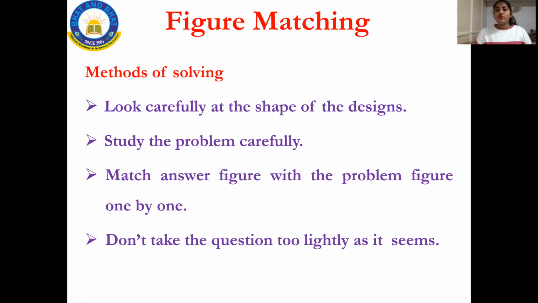You have to look carefully whether it is increasing, decreasing, or rotating clockwise, how many lines are there, and what the position of that is. For example, how many dots it has, how many lines it has, like that.